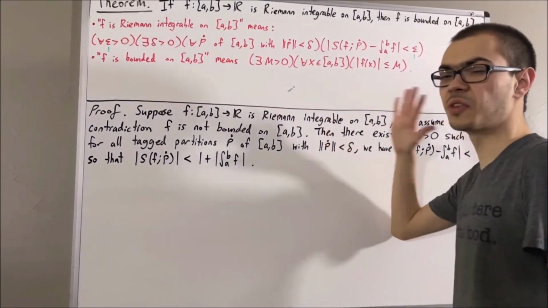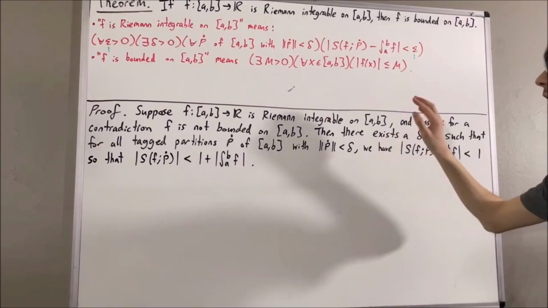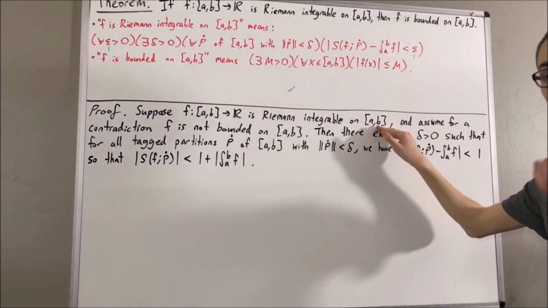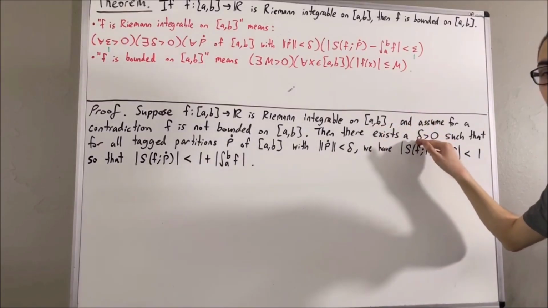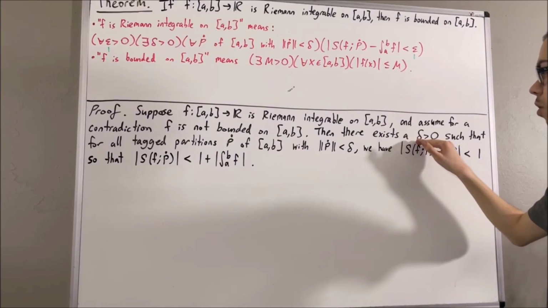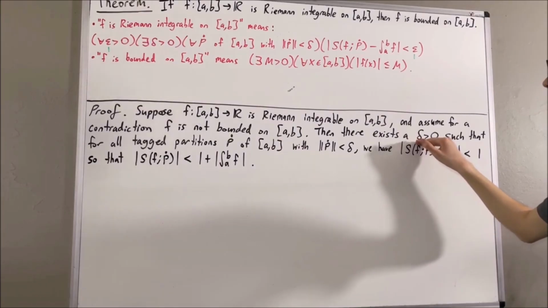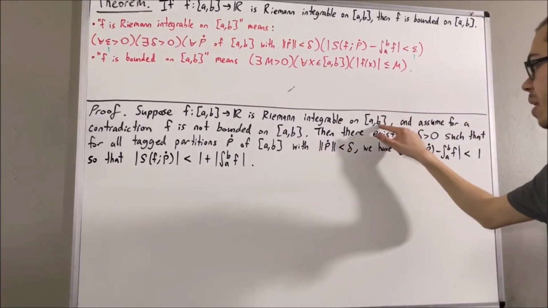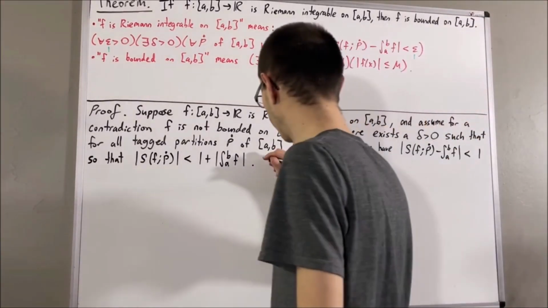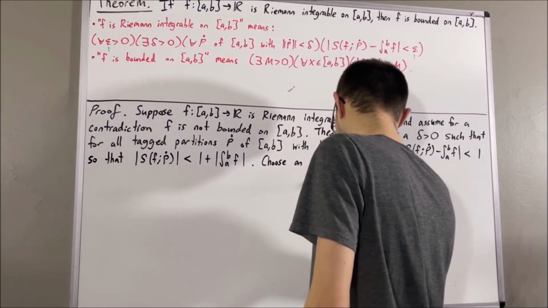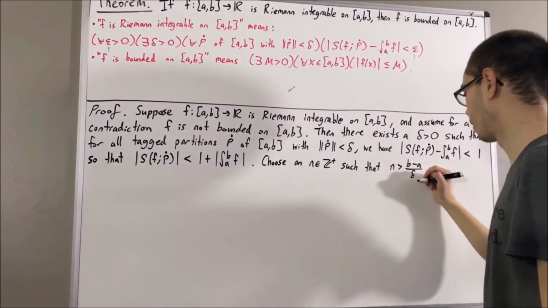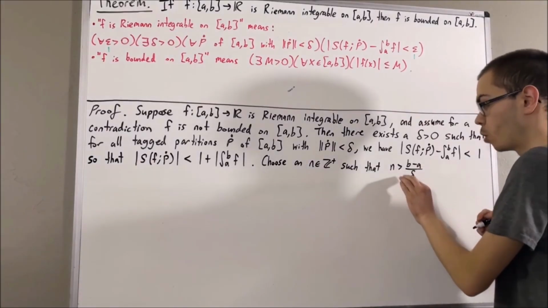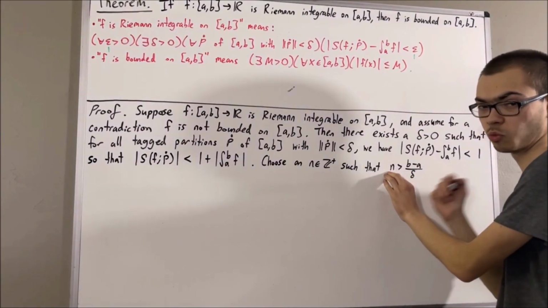Now certainly, there exists a partition of [a, b] whose norm is less than delta. And to see why, well, from the Archimedean property, there exists a positive integer n that is bigger than (b minus a) over delta. Right? Given any real number, we can always find a positive integer bigger than that real number.